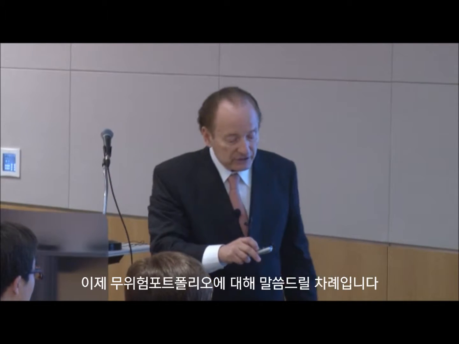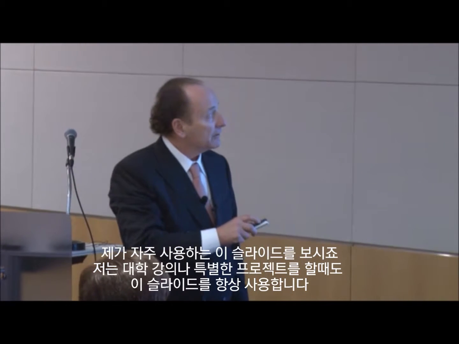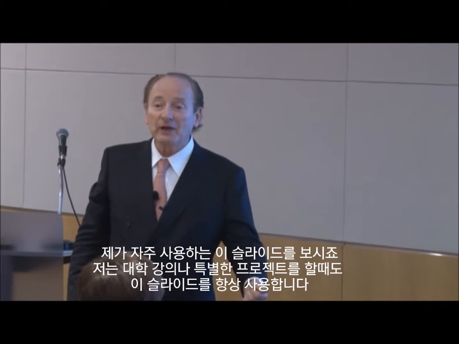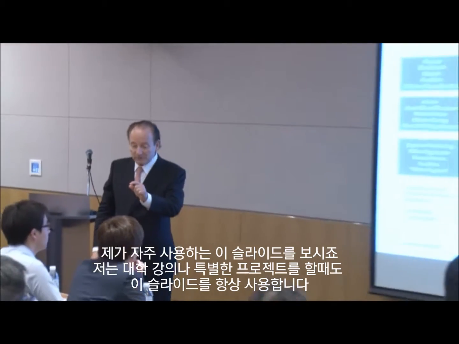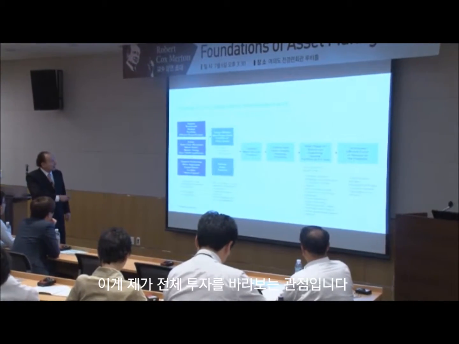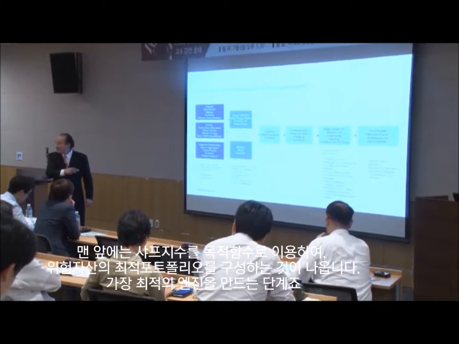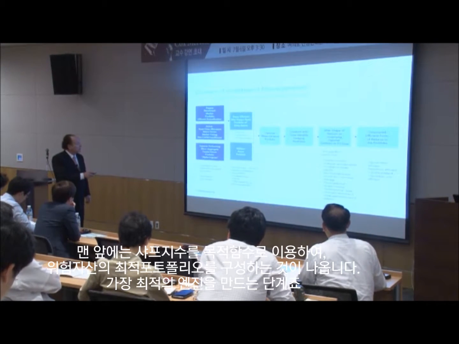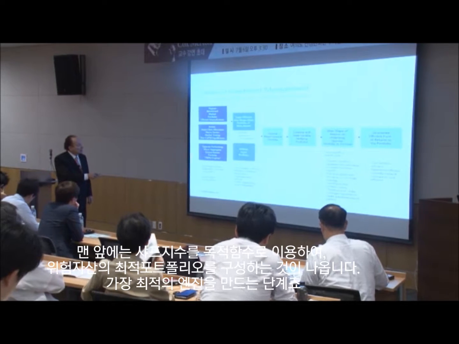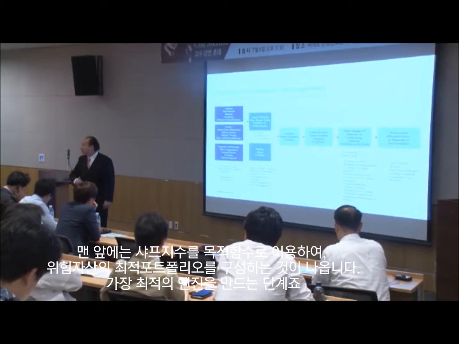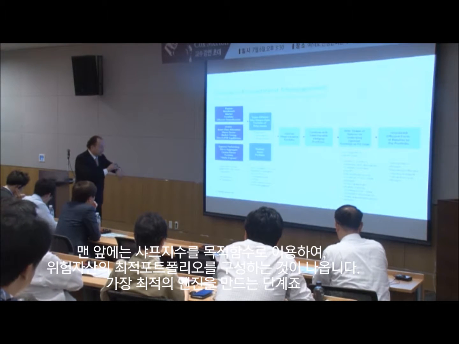So if you look at this chart here, I use this all the time with my colleagues, even on specialized projects. This is my view of the whole investment process, from the beginning to end. What I'm talking to you about now over here is creating what they call the optimal combination of risky assets, the largest Sharpe ratio portfolio.